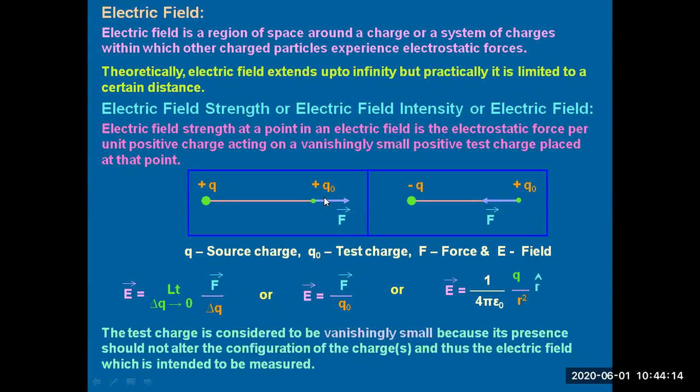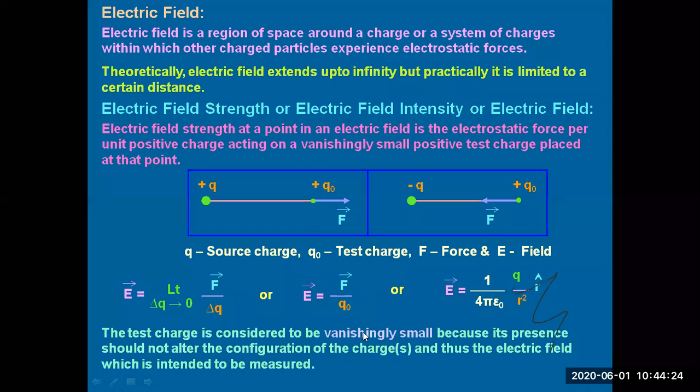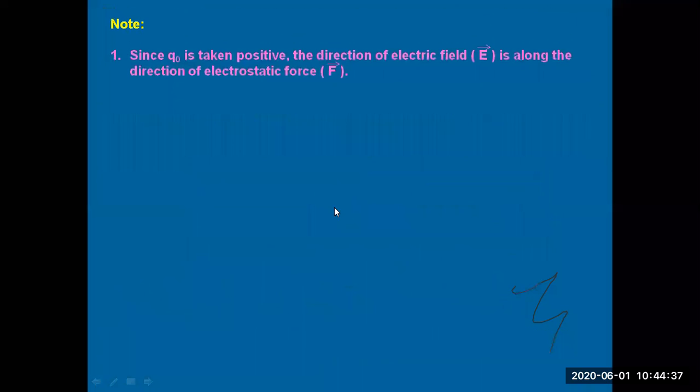Then this test charge should not alter the configuration. It should not have any effect. The total system charge also will be 5 only. Just to test it, we are going to have it here. That's why we are using the term vanishingly small. It should never alter the configuration of the charge or the electric field. It is only a small value which is considered for testing.